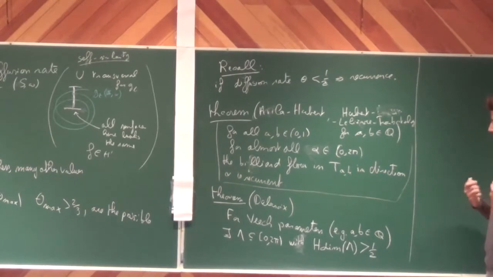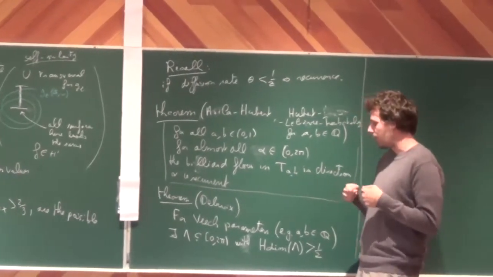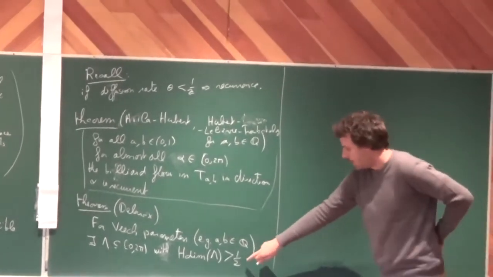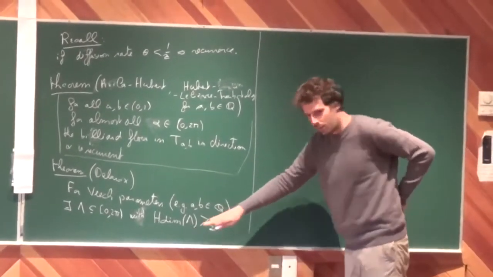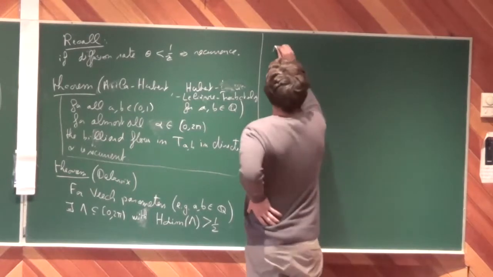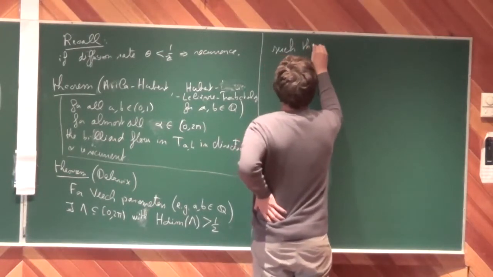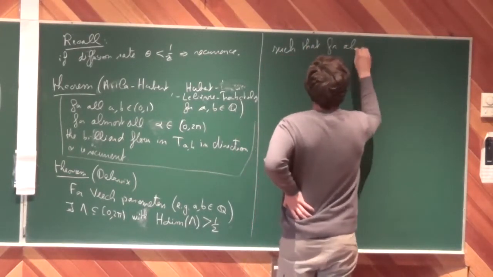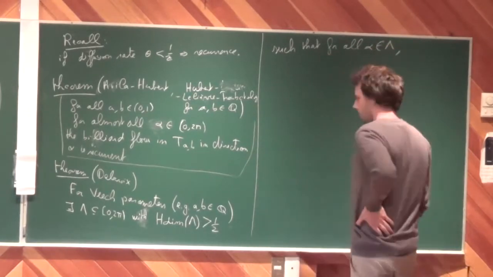This is because they correspond to limit sets of some Fuchsian group that contain parabolic elements, such that for all alpha in lambda.